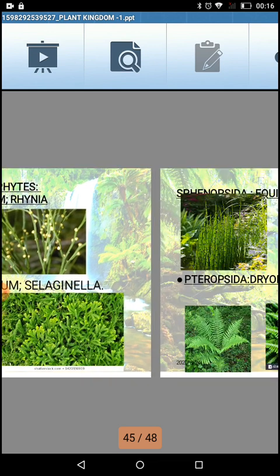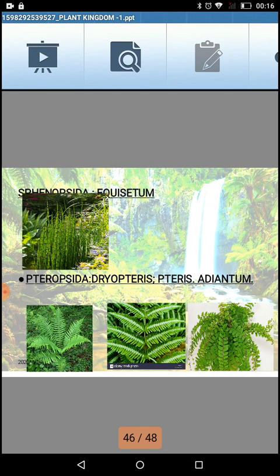When we move ahead, Sphenopsida, another class. The example is Equisetum, and the characteristic feature is that the stem is jointed, and at the whorls, where the joints are present, the leaves are present. Very fine, scaly leaves are observed in this case. When we talk about Pteropsida, we have the example of fern.